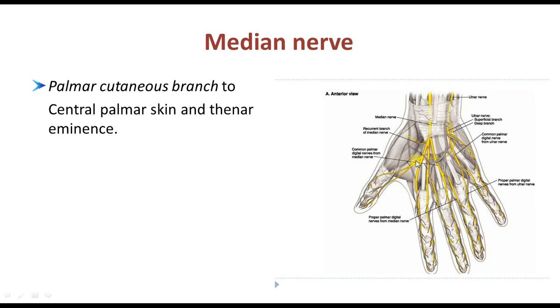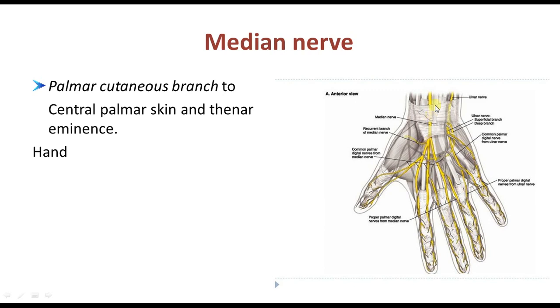It's a cutaneous branch, so it is involved only in supplying the skin. So I repeat, it supplies the skin over the central part of the palm and also the skin over the thenar eminence. Okay. So that is one branch given by the median nerve just before entering the flexor retinaculum.